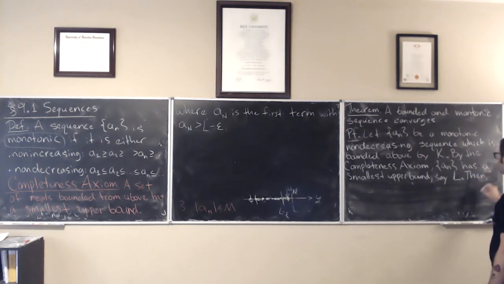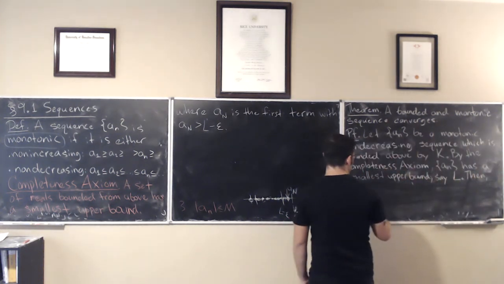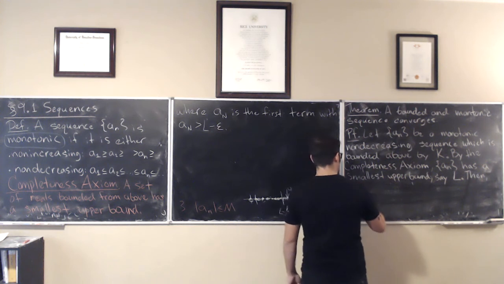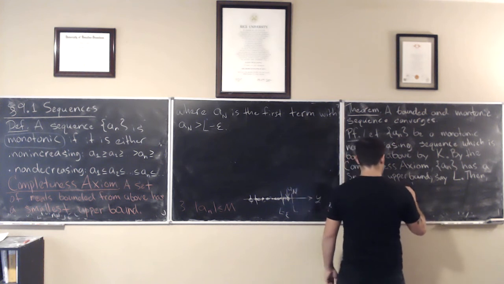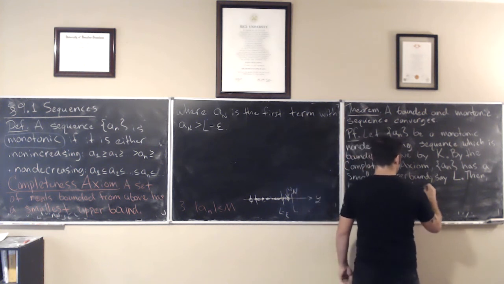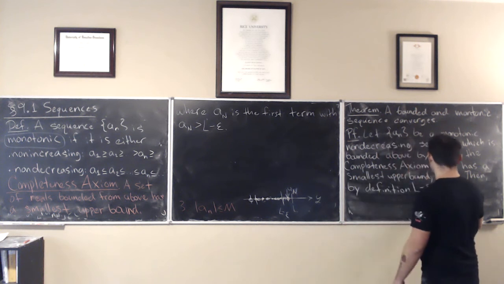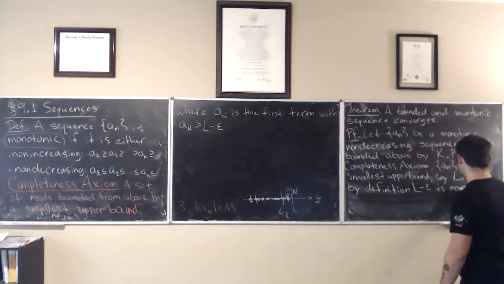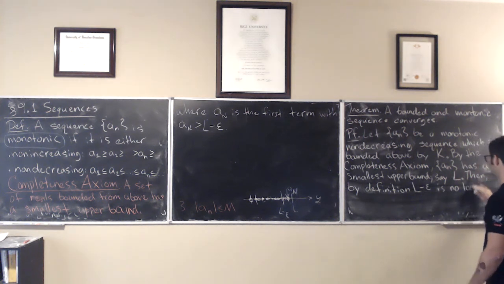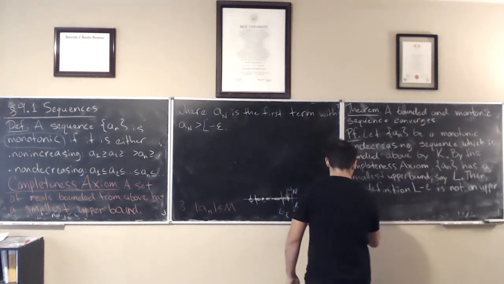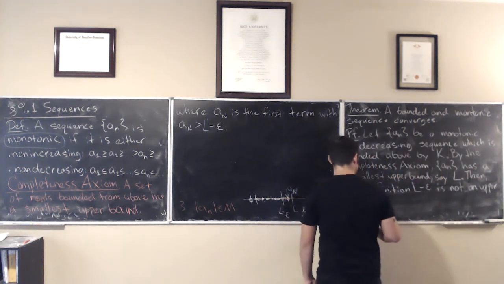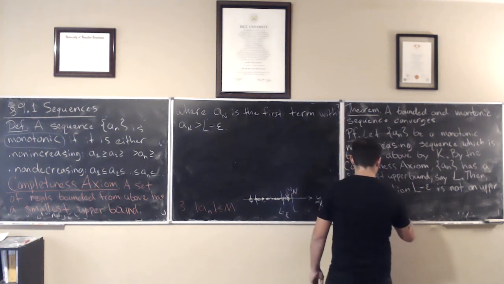Then, by definition, L minus epsilon is not an upper bound for the sequence A sub n.